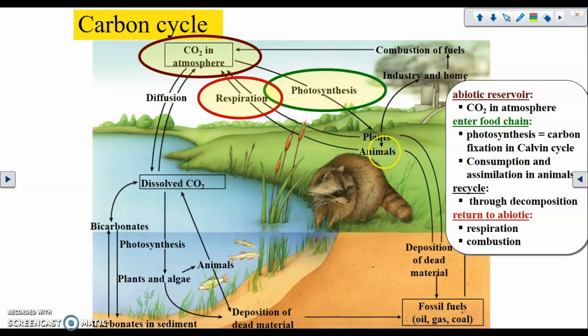But plants are also consumed by animals, so carbon from plants is converted into a different living system, animals, by consumption, meaning eating. So animals eat plants, and the consumption breaks down the carbon that's in plants, and that carbon then gets incorporated or assimilated into animals. So now that carbon that was from plants becomes part of animals.